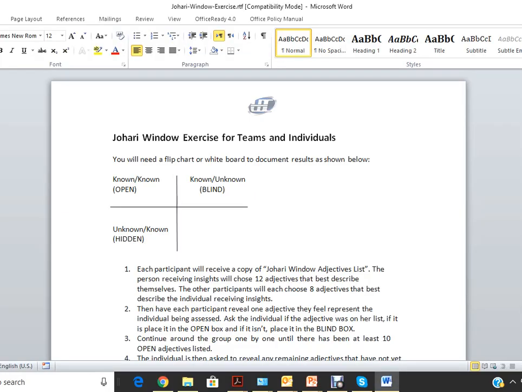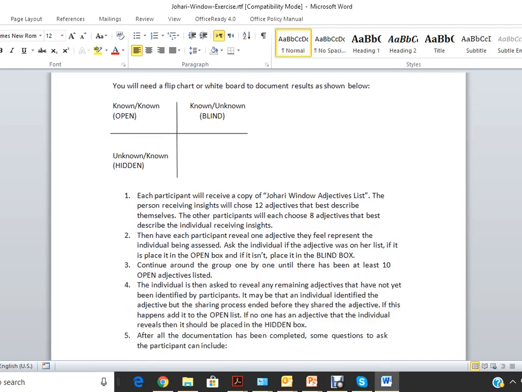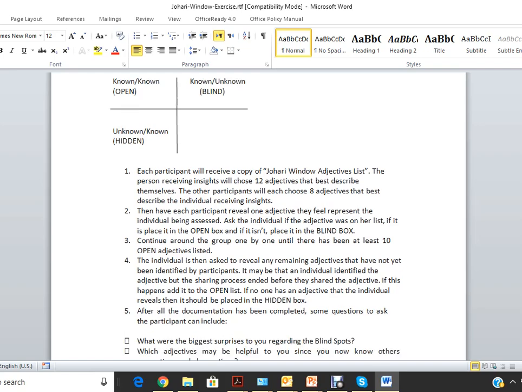Now, you will need a flip chart or whiteboard to document results as shown below. Put here, as you saw in the previous slide, the known area or the open, and here the blind area, known to others, unknown to you, and here put the hidden area, unknown to others but known to you.